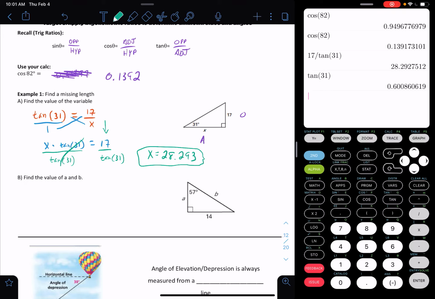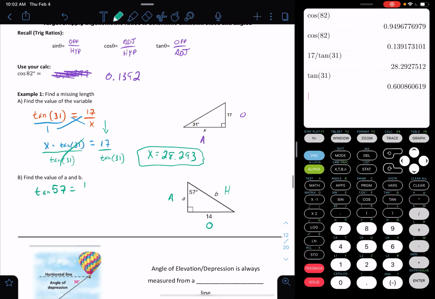Let's do it again. Let's solve A and B. So we've got this angle measure of 57. 14 to 57, that's opposite. The A is adjacent. And the B is the hypotenuse. Okay, so if I wanted to solve now, I'm going to use opposite and adjacent. That's tangent again. So tangent of what angle? 57.